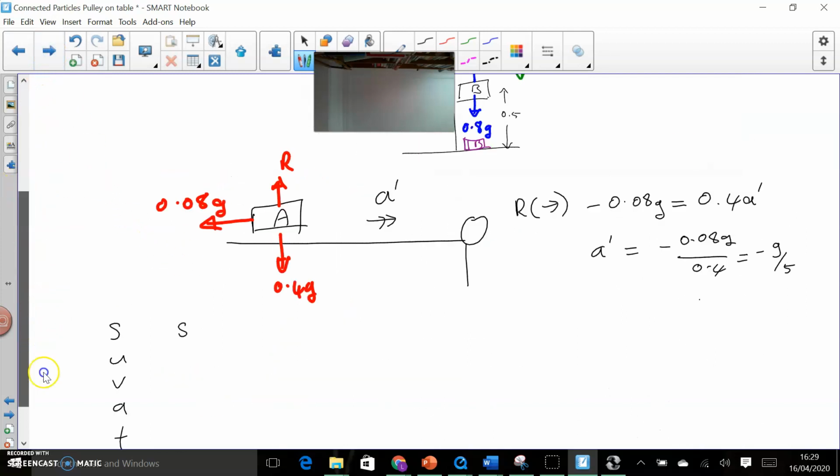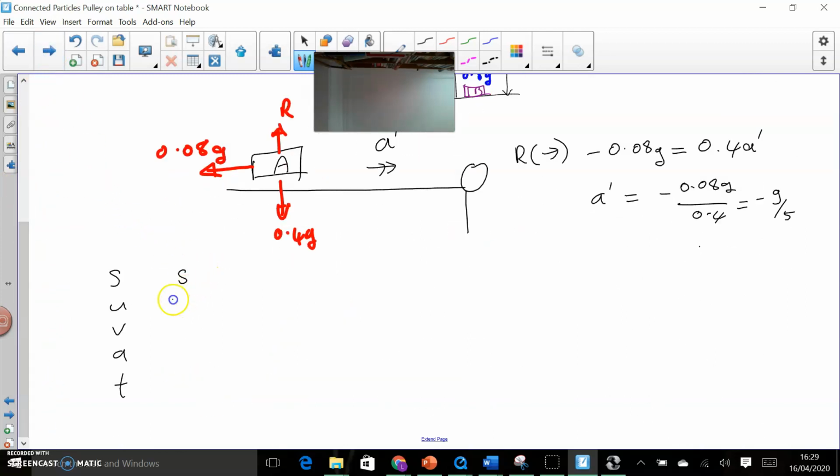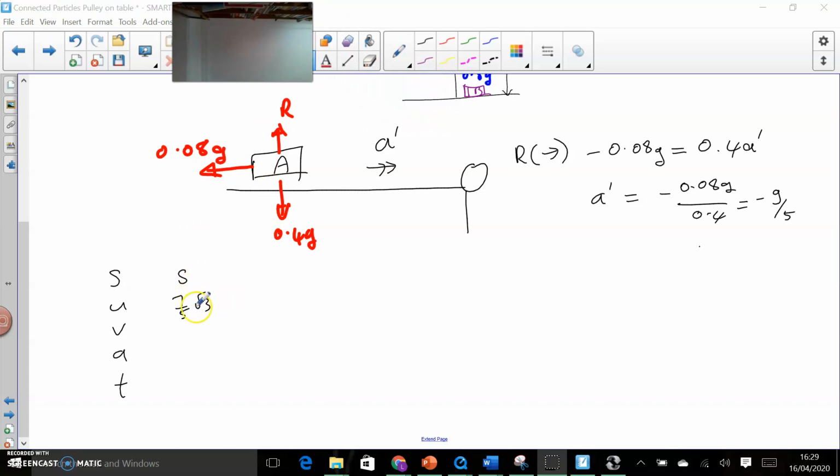So we have 7 over 5 root 3. And then we need to know when it gets to rest. So the final velocity V is 0. A we've just found is minus G over 5. And we're not interested in the time.